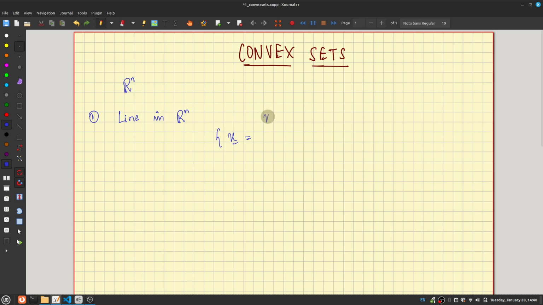Let's take some x1 in Rn and x2 in Rn. Then the line passing through x1 and x2 is essentially equal to theta x2 plus (1 minus theta) x1.